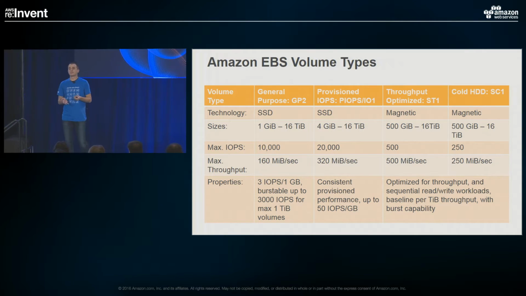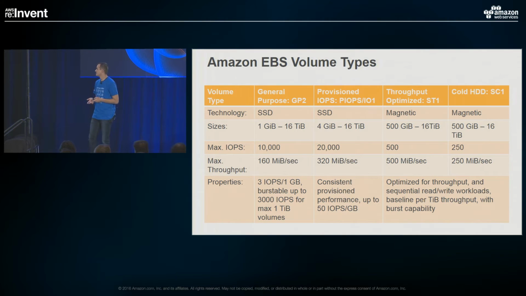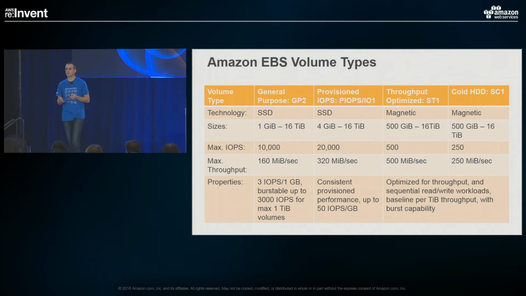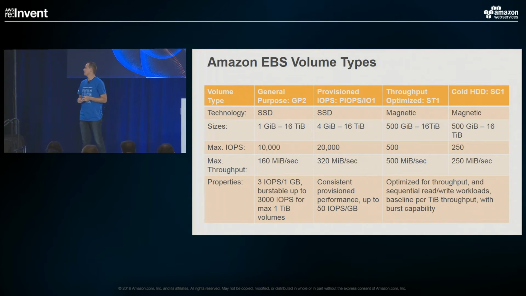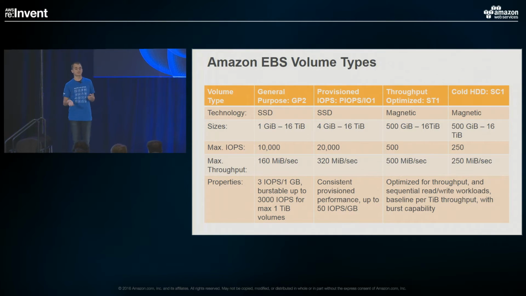If you need more performance than that, then customers typically move up to the next level, which is provisioned IOPS. So this will give you consistent performance at up to 20,000 maximum IOPS per volume and a throughput of 320 megabytes per second.